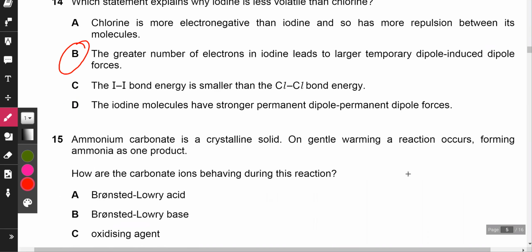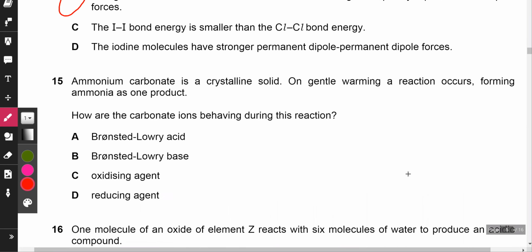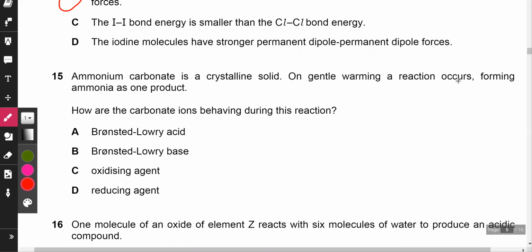Next one: ammonium carbonate is a crystalline solid. On gentle warming, a reaction occurs forming ammonia. How are the carbonate ions behaving? So ammonium carbonate is this thing, right?